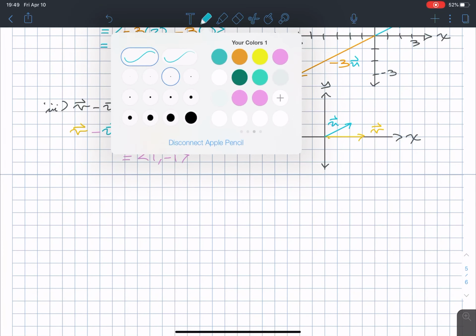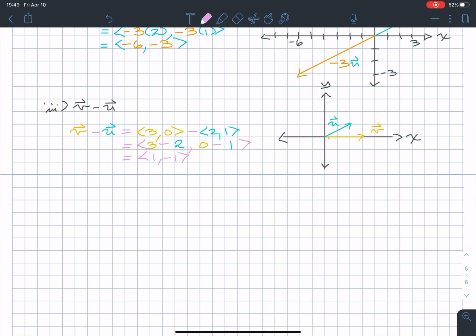So supposedly I'm going to point towards vector v. Is this the same as 1, negative 1? Yes, it is. So this is indeed vector v minus vector u, because I'm pointing towards vector v. So that works. Before I go on to the next subsection, I think I'll stop this here.